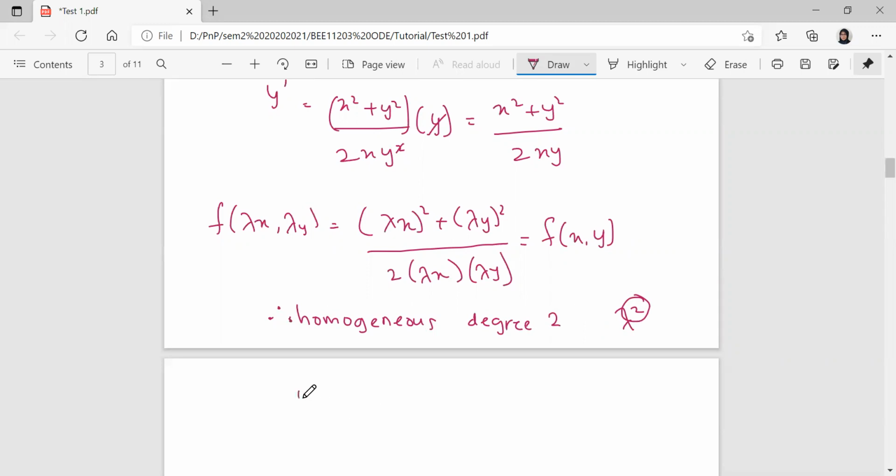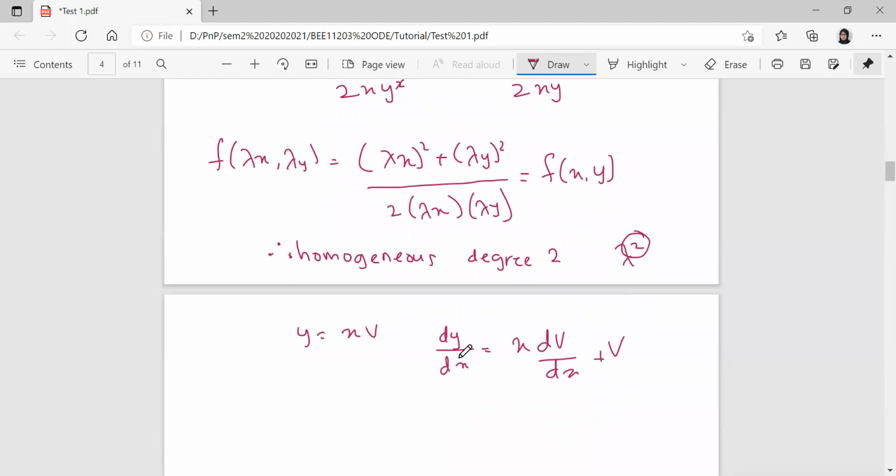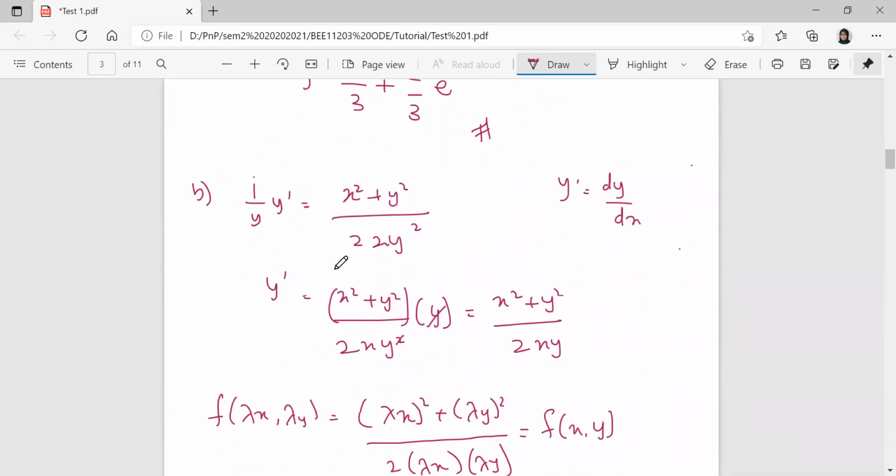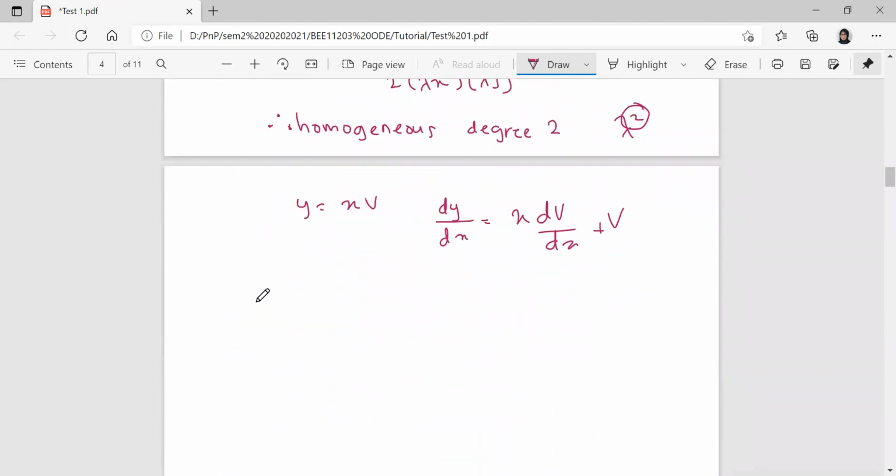Since we already proved that this is homogeneous, we can use the transformation y equals xv. Then dy over dx is equal to x dv over dx plus v. So this is our equation: y prime equals x squared plus y squared divided by 2xy, and we know that y prime is dy over dx.